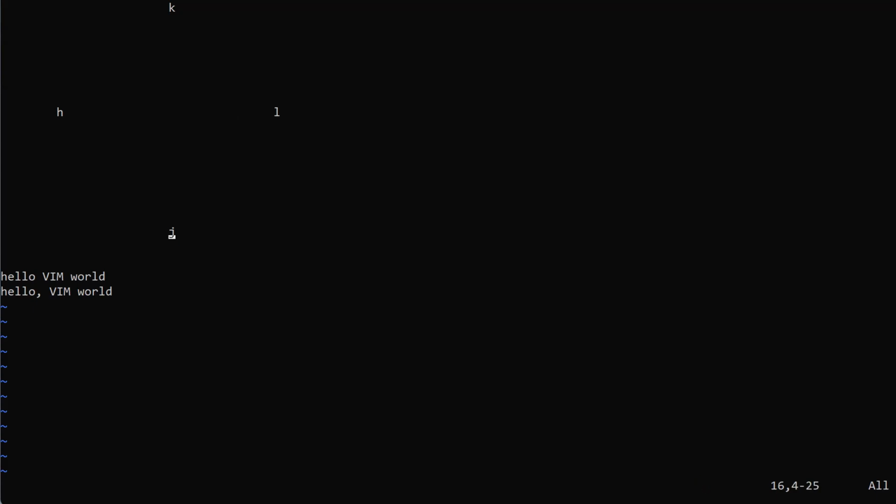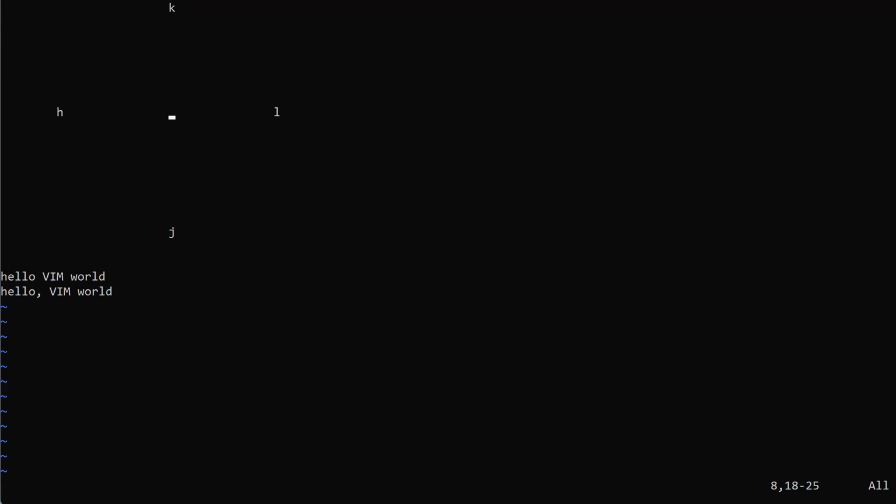Plus, we can combine these movement keys with a number. So what does the number mean? Here, my cursor is here. If I combine H, which moves to the left, with a number, for example 10, then 10h means I move to the left 10 letters. At this position, if I want to reach the H, I need to move 16 letters.